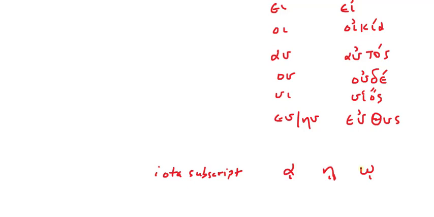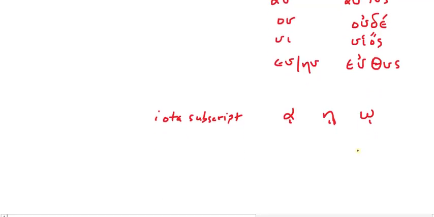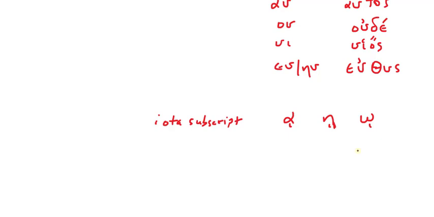We've mentioned that with your diphthongs, your breathing marks go over the second member. Accent marks do as well. Now, there are going to be some times when you come across a word that looks like it's spelled with a diphthong, but the writer really does want you to pronounce each vowel distinctly. And in order to do that, Greek has another symbol to distinguish these.